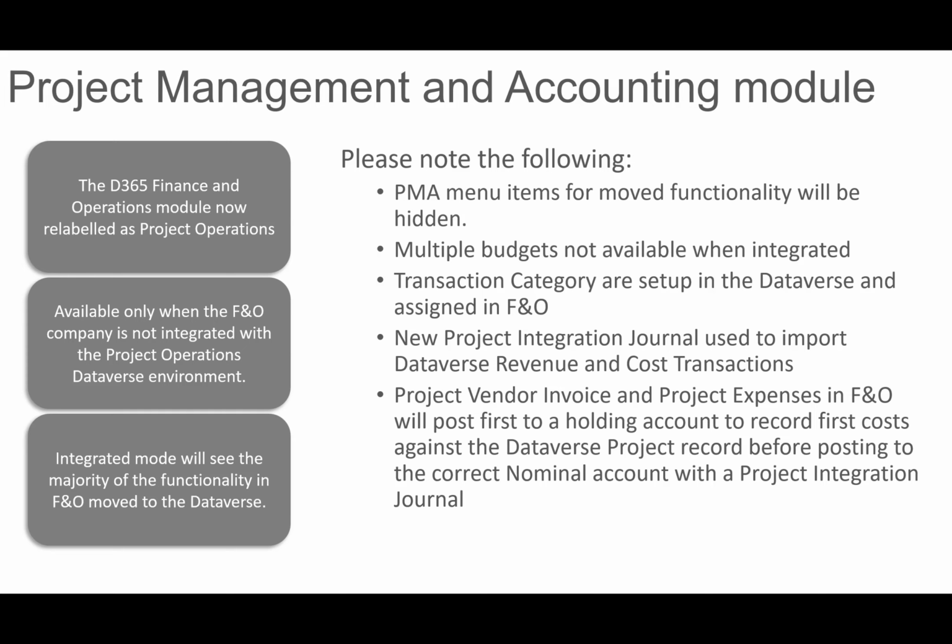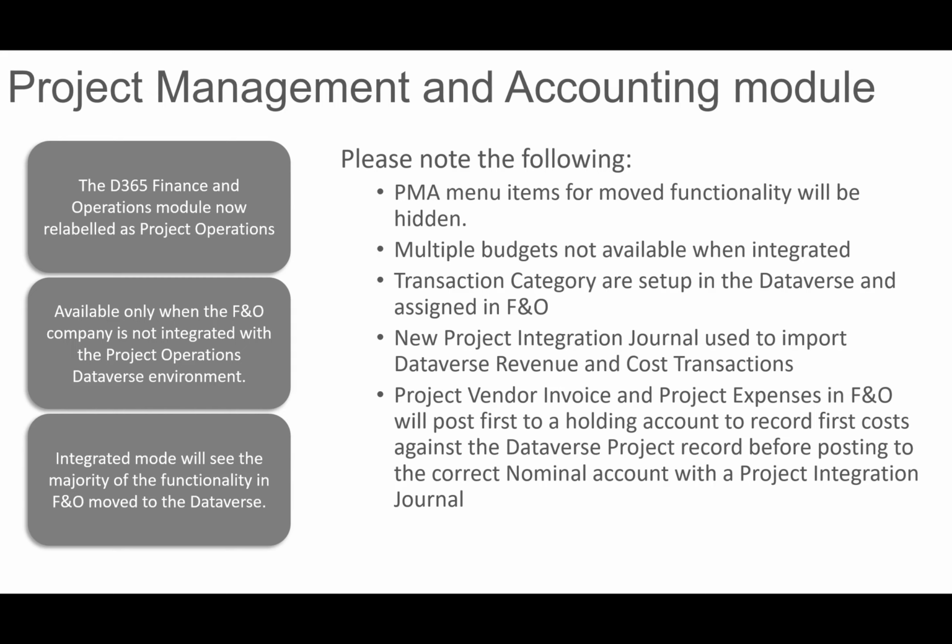The reference to the project is a dimension code, but when we first look at the financials that the transaction posts to, you'll notice it's like a balance sheet account, a holding area, where the values will stay, and the dual write will post those transactions into the Dataverse record to hit the project record. That then allows me as a project manager to see that there's some vendor costs or expenses now against my project. And I can then raise a pro forma invoice to pick up those to recharge if needed.